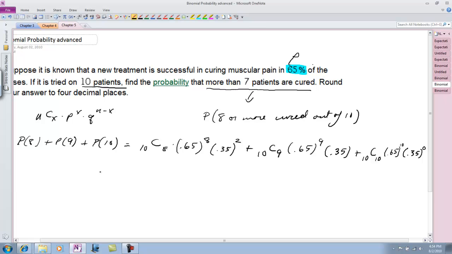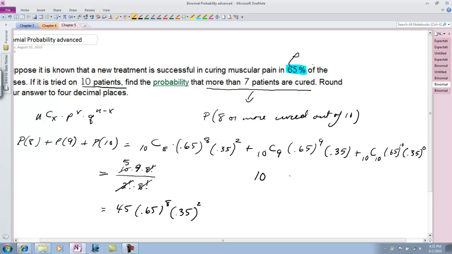Now, the rest is pretty easy if you have a calculator. But for these parts, what does 10 choose 8 come out to? You would have 10 times 9 times 8 factorial on the top, divided by 2 factorial times 8 factorial on the bottom. The 8 factorials would cancel. The 2 would go into 10 5 times, and you'd be left with 9, that's not a 7, that's a 9, so 45. So 45 times 0.65 to the 8th times 0.35 to the 2. And then what's 10 choose 9?